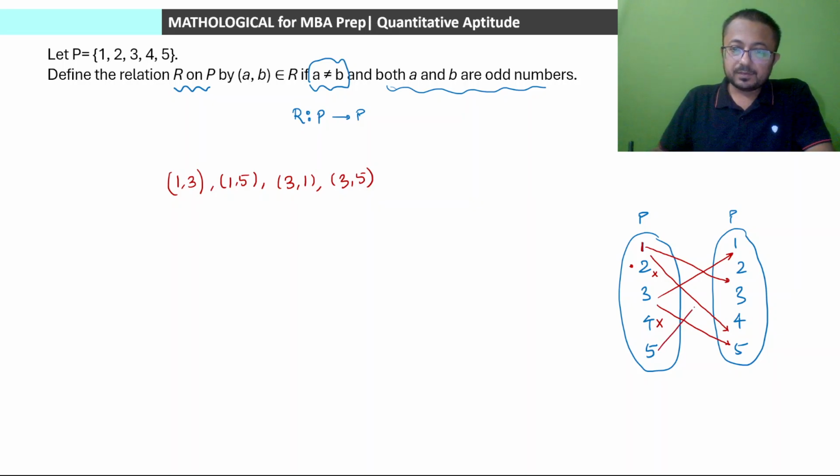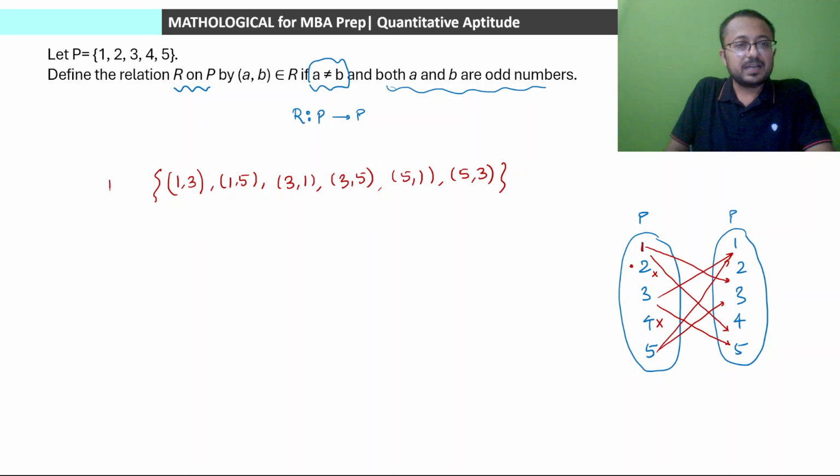For 5, 5 and 1 and 5 and 3. So total 6 elements in the relation are under the given conditions.